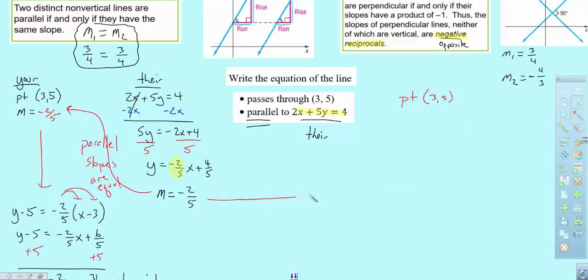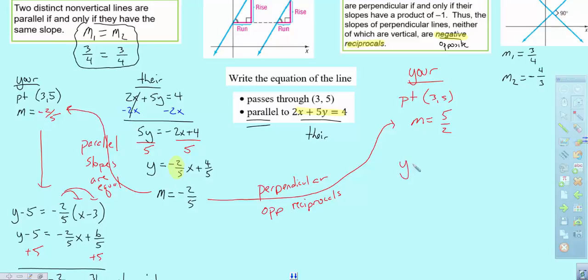I would take this slope and bring it across, but since the lines are perpendicular, the slopes are opposite reciprocals of each other. So the opposite of a negative is going to be a positive, and the reciprocal of 2 over 5 is going to be 5 over 2. We used their line to find this information.